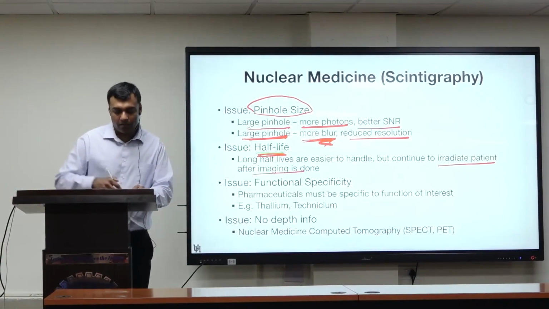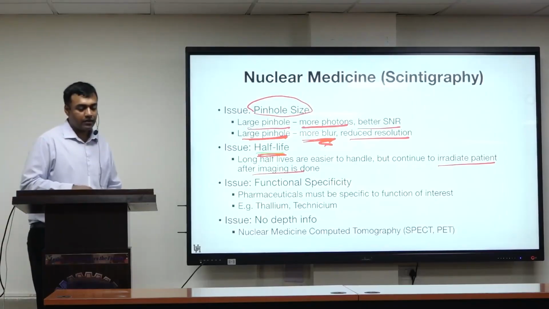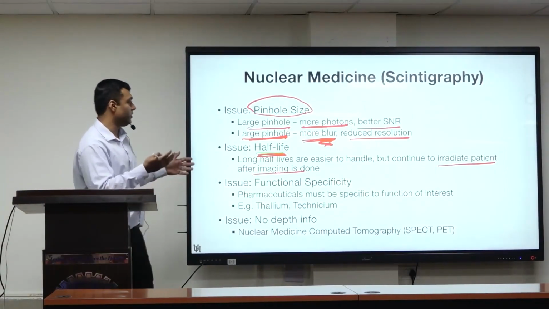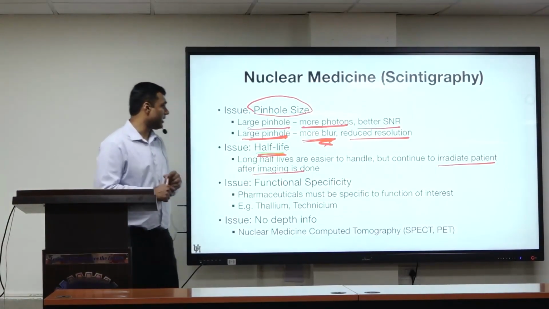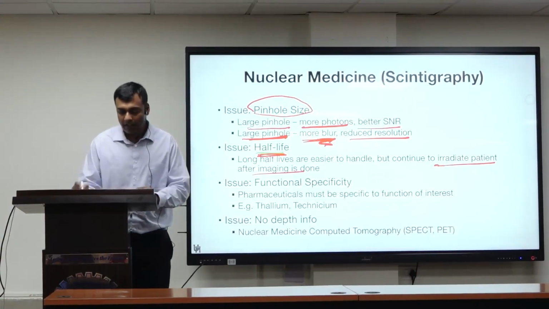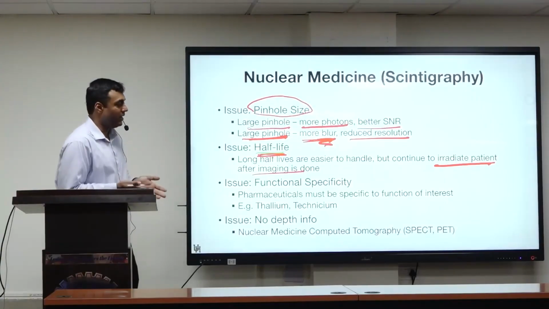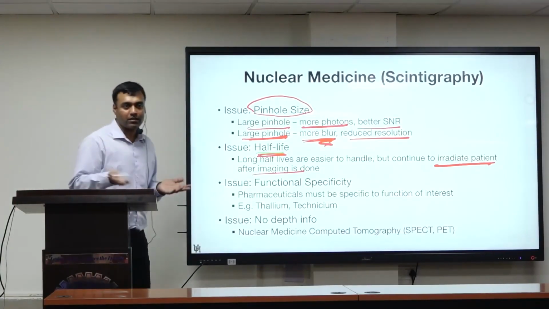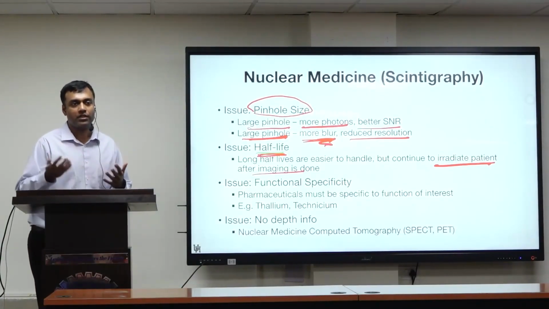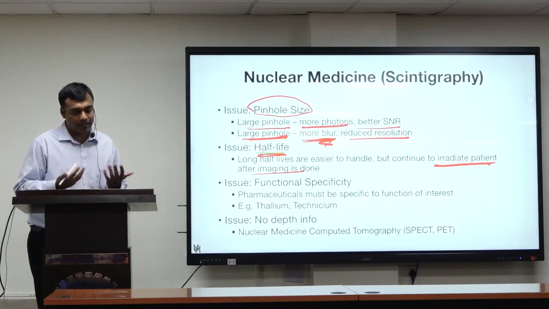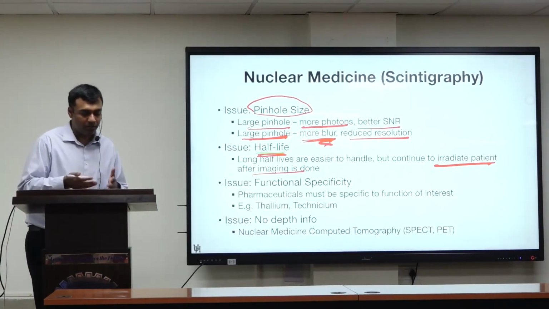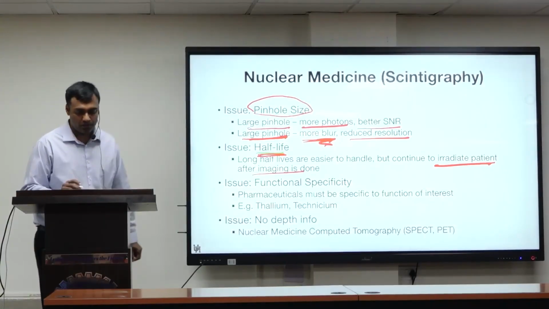It could have a long half life to handle, and it will also continue radiating the patient long after the procedure is done. Radioactivity can also cause damage to the tissue. So you may be solving one problem, but you have to introduce something else.